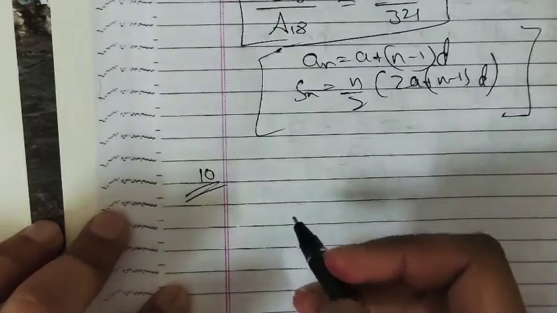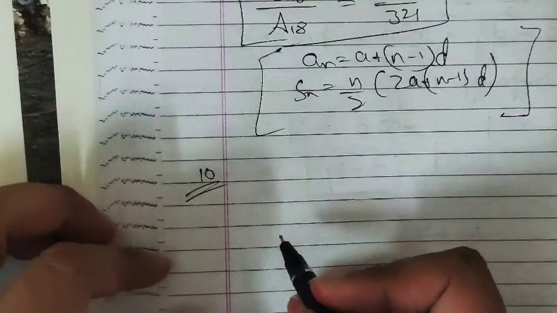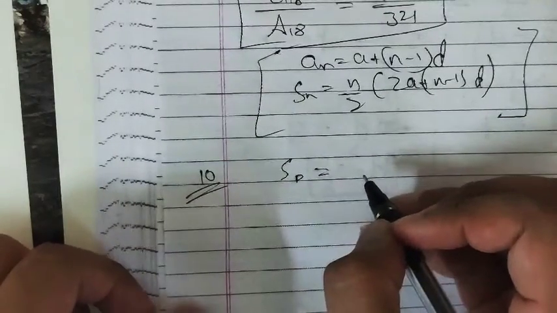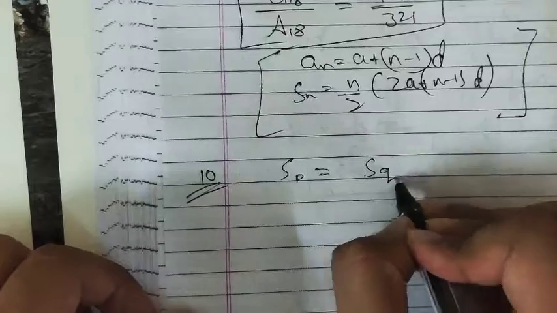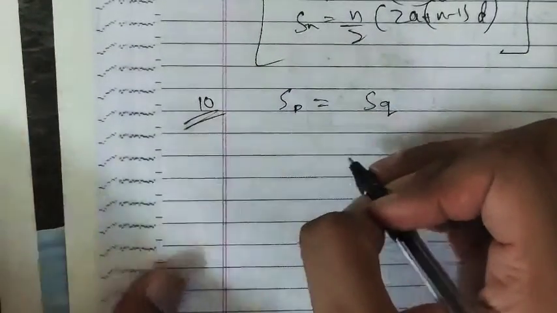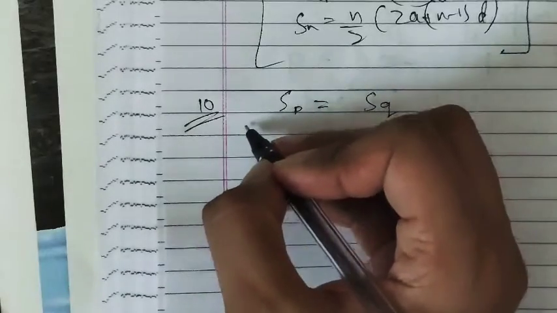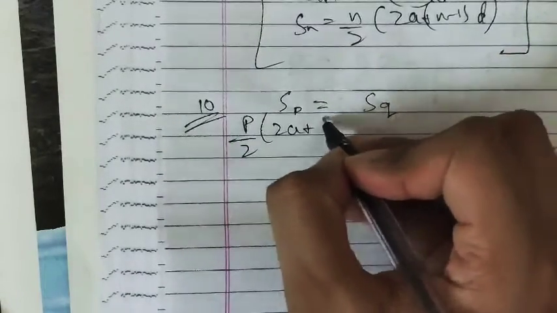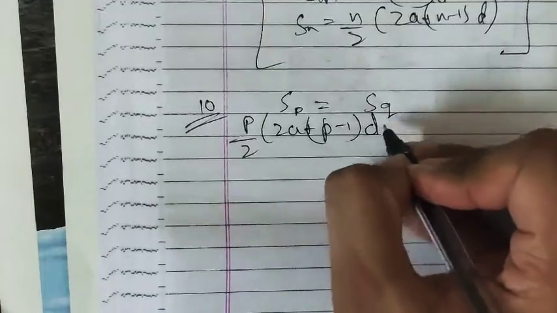Now in question number 10th, it is given that sum of first p terms as p is equal to sum of first q terms as q. Find the sum of first p plus q terms, we have to determine. Sum of first p terms is p upon 2, 2a plus p minus 1 d.